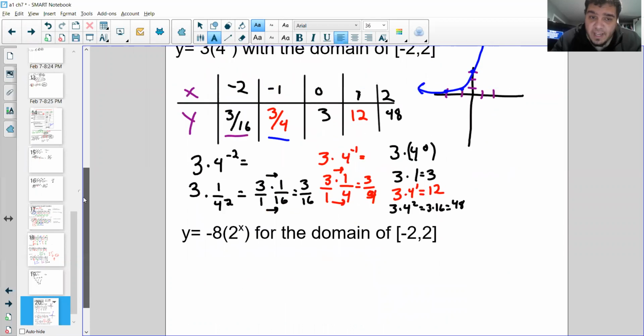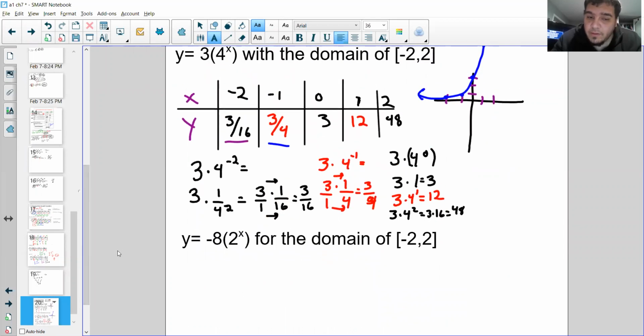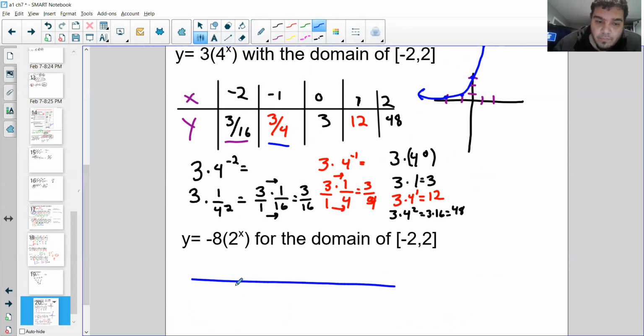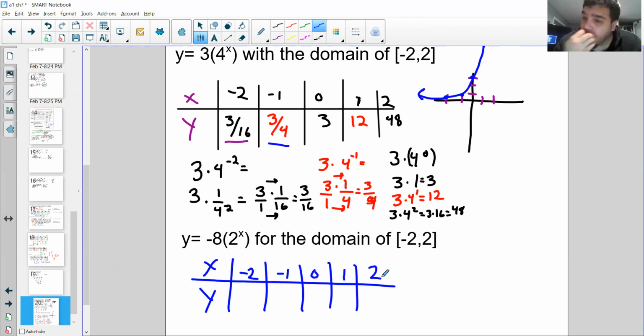y equals -8 times 2 to the x power for the domain of -2 to 2. So the domain is the same. Everyone here should be starting off the same way. X, y. And then your x values are the same. What you are trying to do is find those y values.